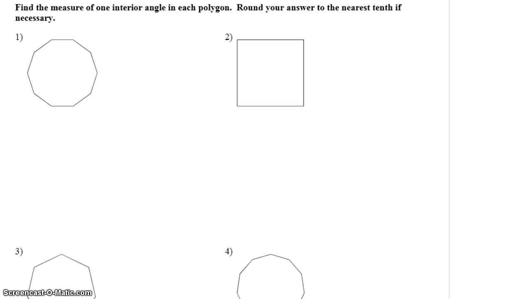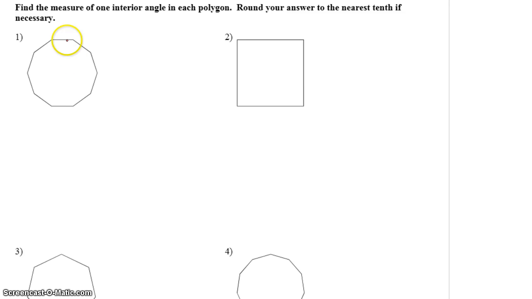So first one is if we want to find the measure of one central angle in a polygon. Okay, so like I said, all of the angles in the very center add up to 360. So however many sides we have, we're going to take 360 and divide by that number.